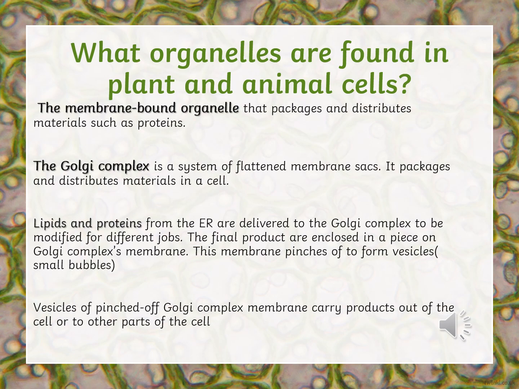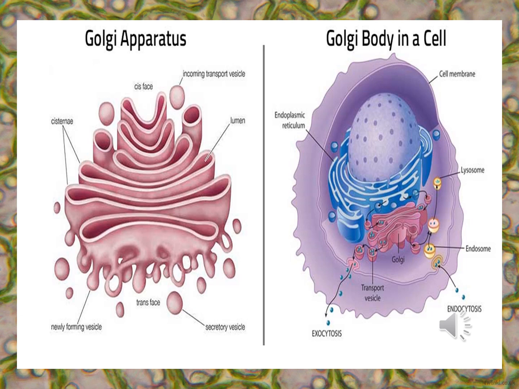The final products are enclosed in a piece of the Golgi complex membrane. This membrane pinches off to form a vessel called a vesicle. These vessels carry the product out of the cell or to other parts of the cell. This is the shape of the Golgi apparatus, or Golgi body, in the cell.